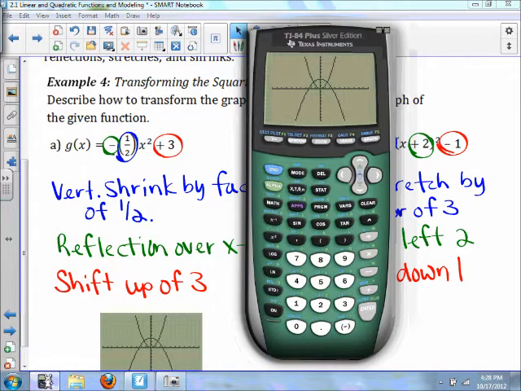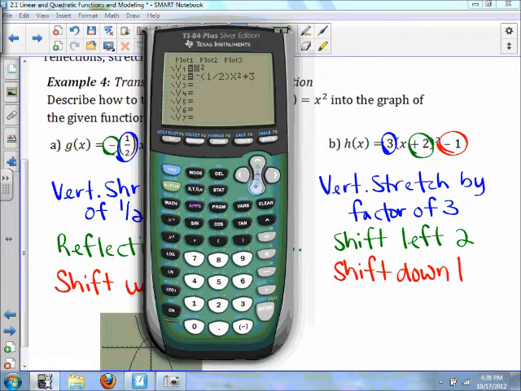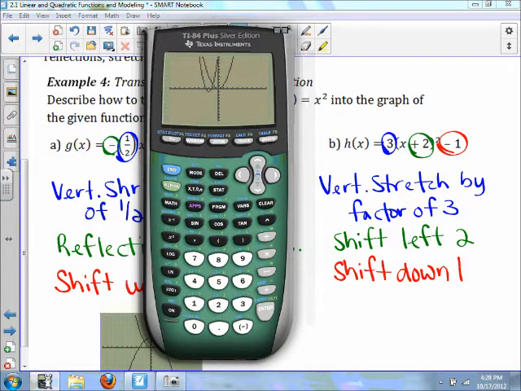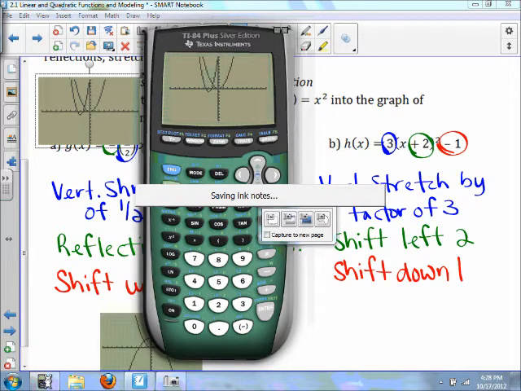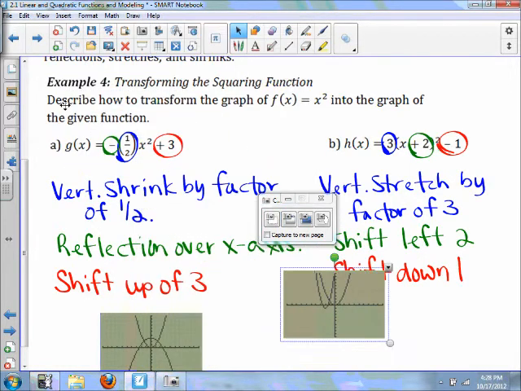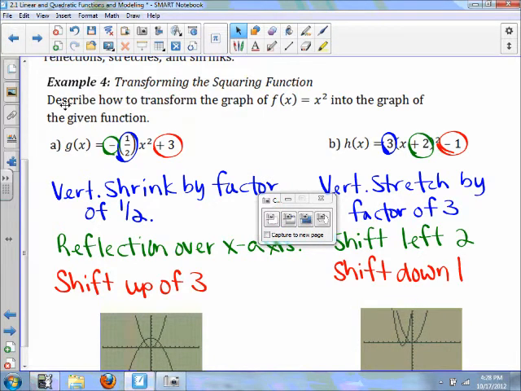Now, if you put that in your calculator, there you have it right there. Now, remember with the vertical stretch, we are taking all of our y values and stretching them by 3. So we're multiplying all of our y values by 3.